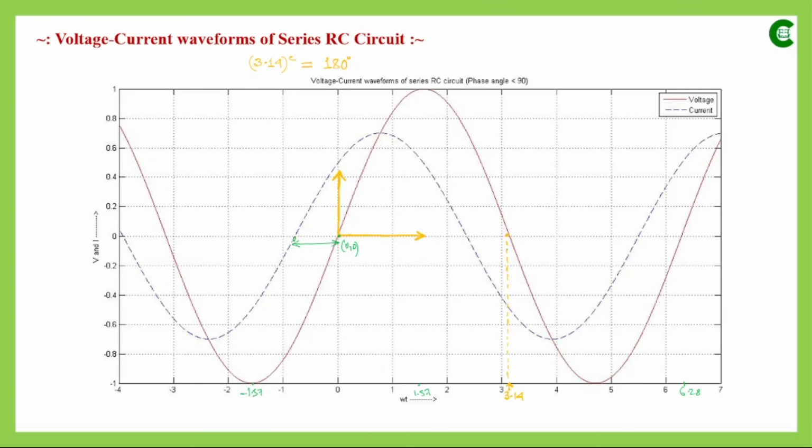So from here also we can conclude the phase difference between voltage and corresponding current is less than 90 degree. But still, since this is a capacitive circuit, the current will lead the voltage.